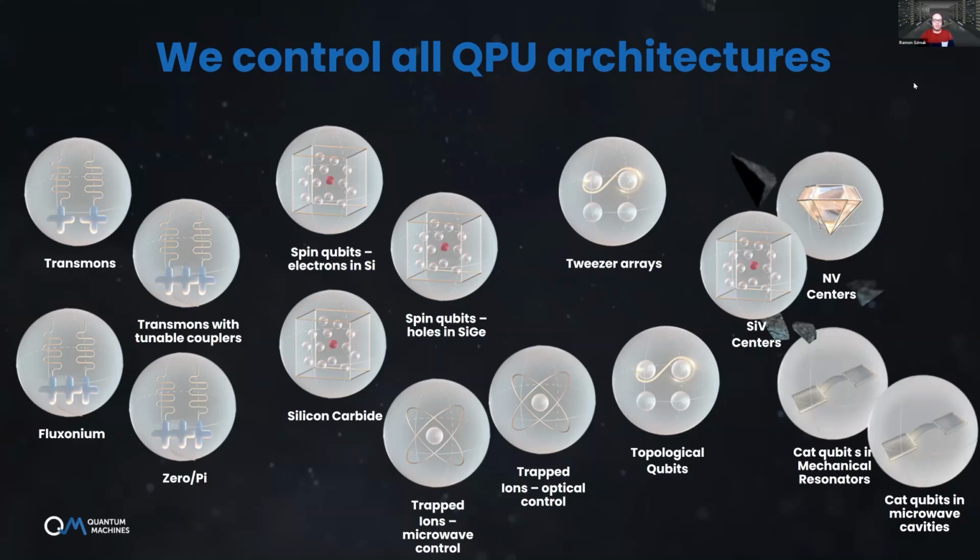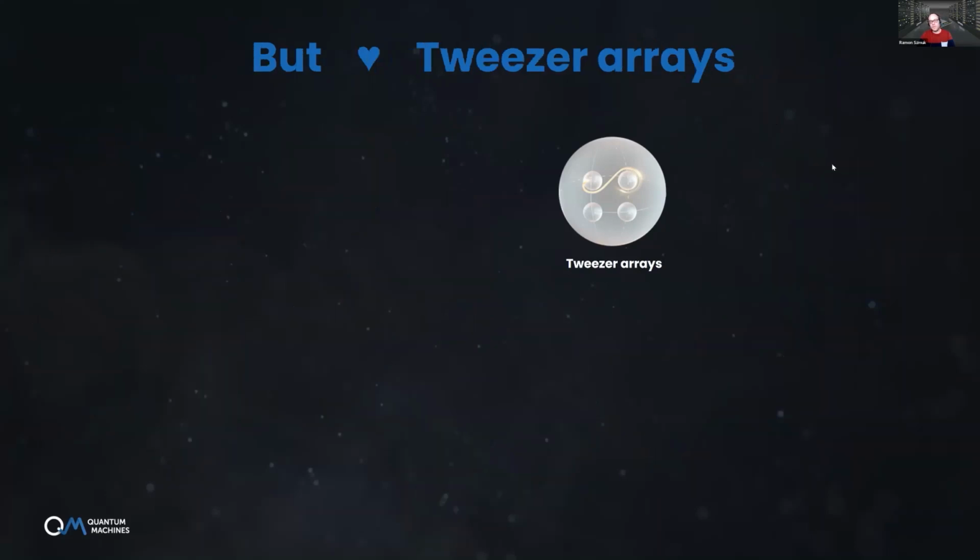But we're here to talk about tweezer arrays. And of course, because I'm leading a product for AMO processors, I like atom arrays in particular because of the advantages they offer.